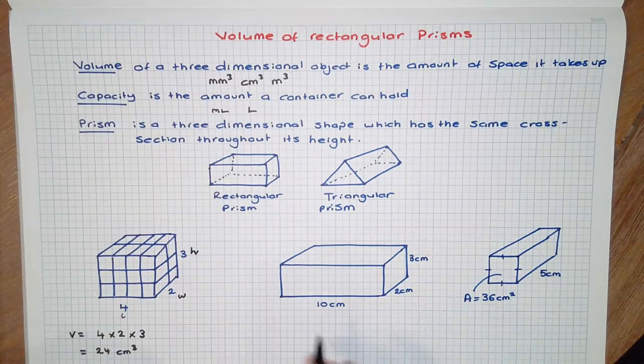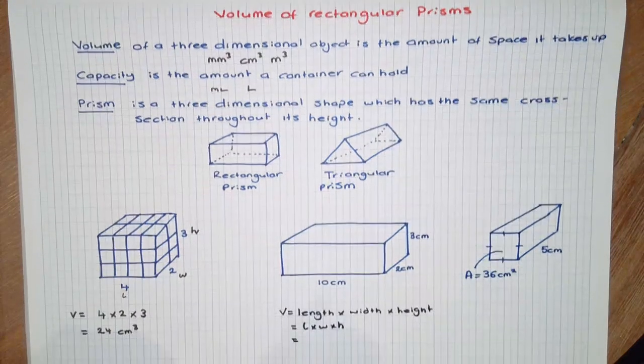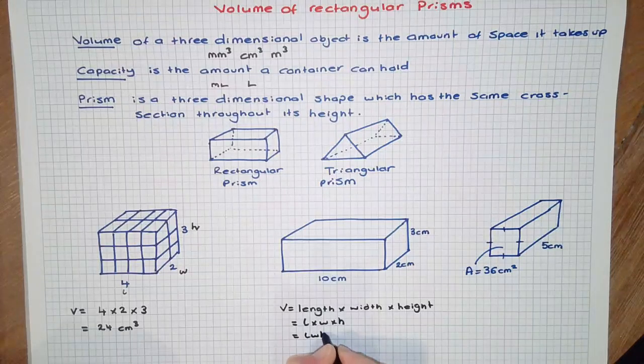Let's do this one as an example. So the volume is therefore the length times the width times the height. Instead of writing that out, we can use the formula length times width times height, or you may even see it just as LWH.